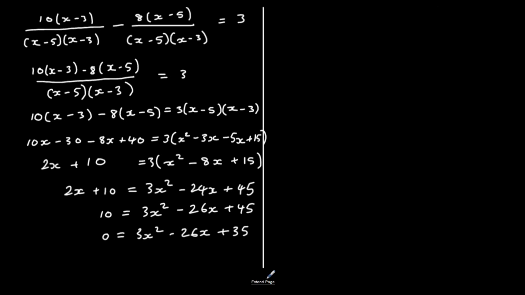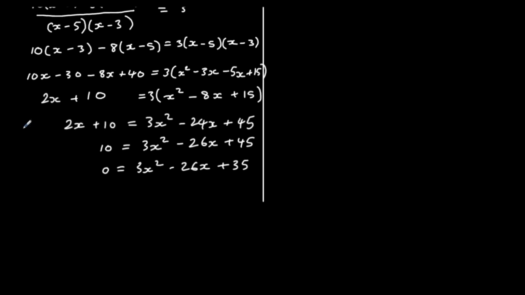So we've got a quadratic. We've got 3x squared. So to check if we can factorize, we'll do a times c. So 3 35s, a times c is 105. So does anything multiply to make 105 and add to make 26 or negative 26?